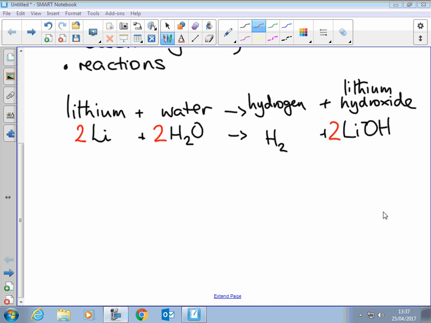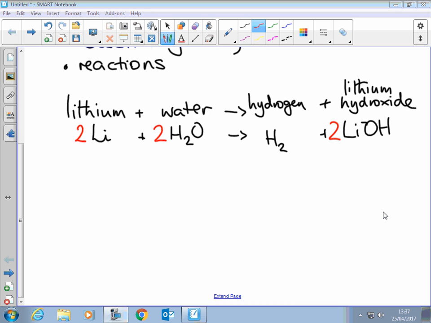So what is actually happening here? In what form is the lithium when it's a metal? It's a solid made up of atoms, right? Atoms are neutral, aren't they?